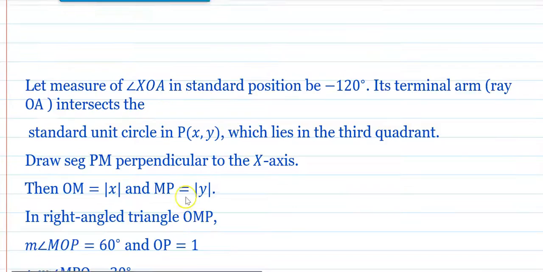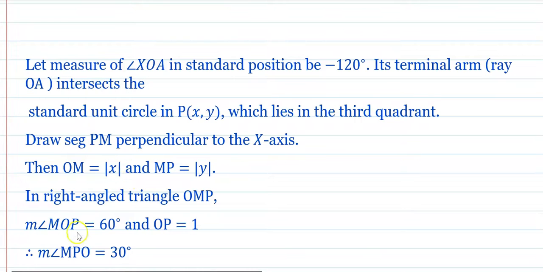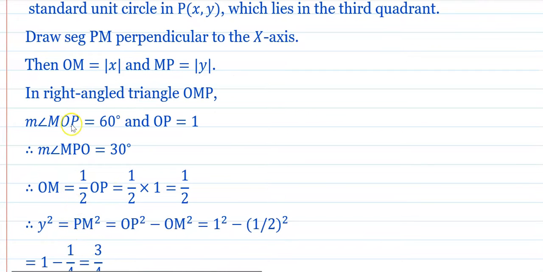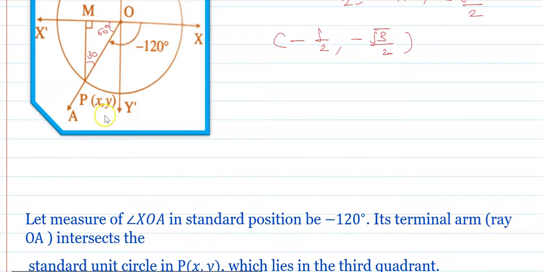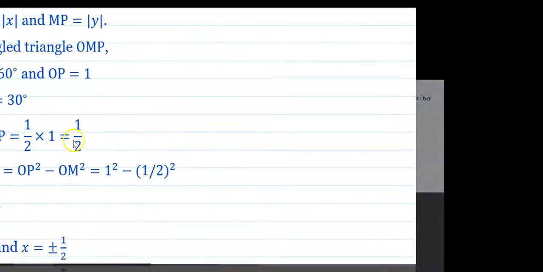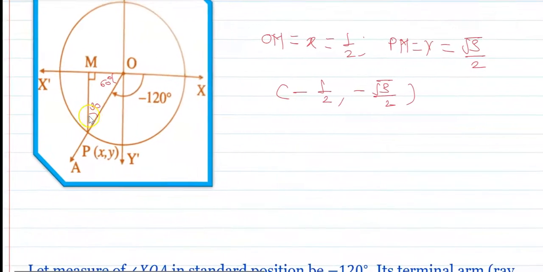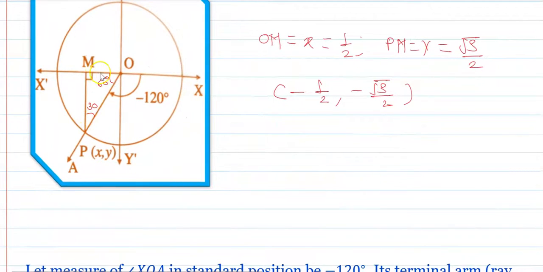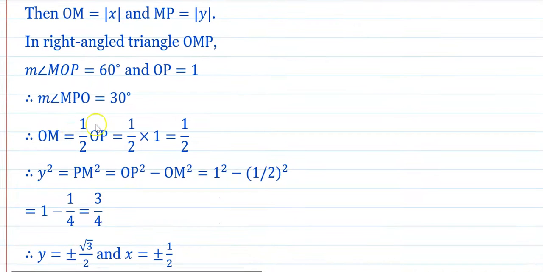In right angle triangle OMP, the measure of angle MOP is equal to 60, and the measure of angle MPO is equal to 30 degree. Again, OM is the side opposite to angle 30 degrees, the half of the hypotenuse. OM is equal to 1 upon 2 OP, and hence OM is equal to 1 upon 2.